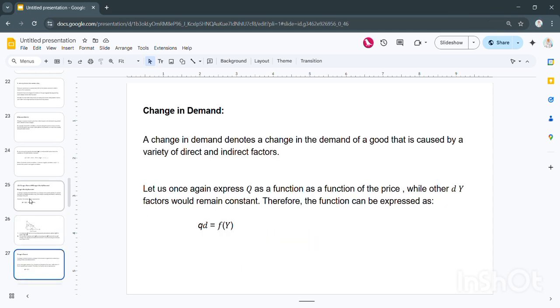Changes in demand. A change in demand denotes a change in the demand of a good that is caused by a variety of direct and indirect factors. Let us once again express Q as a function of price, while other factors y would remain constant. Therefore, the function can be expressed as QD is equal to function of y.